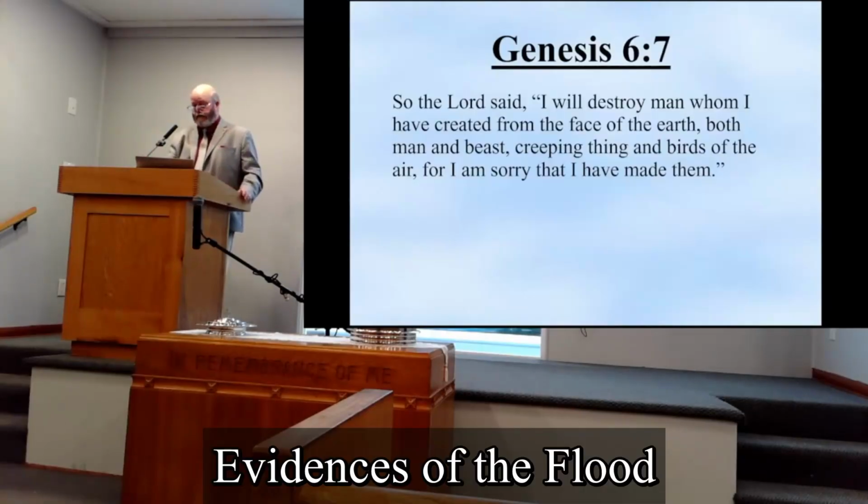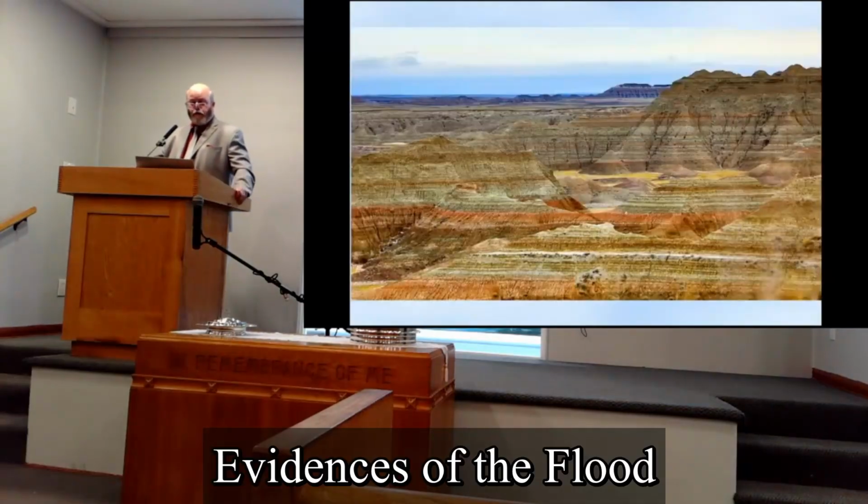And that's part of why the water is so active and why we see this violence, because it's wiping things off the land. Now, if we come back to our layers for just a moment, this is another picture of the Badlands. These are a little more colorful layers. But again, these are obvious signs of the flood coming in and laying down all this sediment and covering a lot of things up.